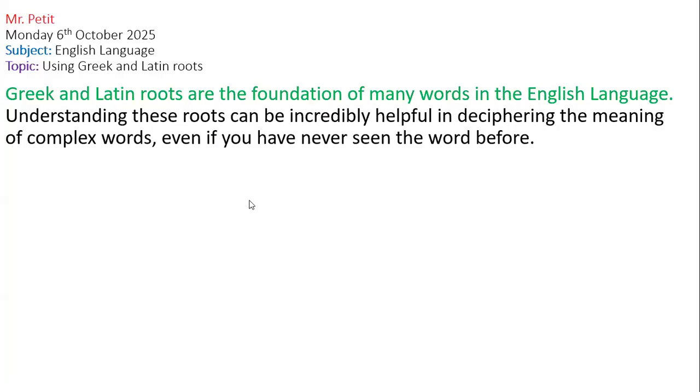Gracia, are you there? Yes, sir. Good. Can you read what I have here? Greek and Latin roots are the foundation of many words in the English language.